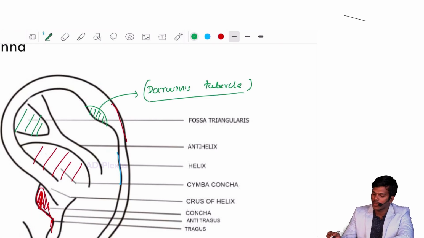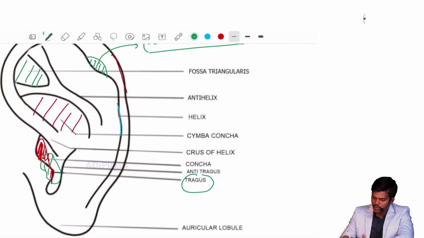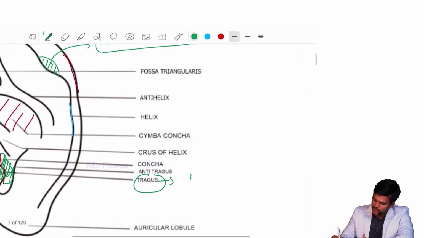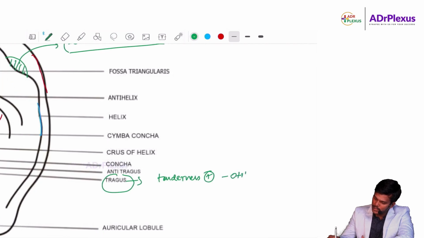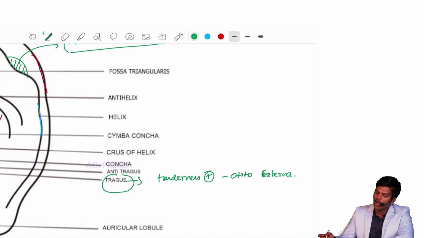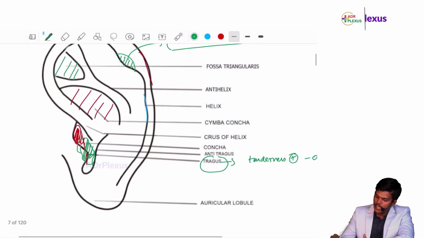Fine. So what else? Let's see about tragus. Tragus is present. If there is tenderness over the tragus, it is a sign of otitis externa.